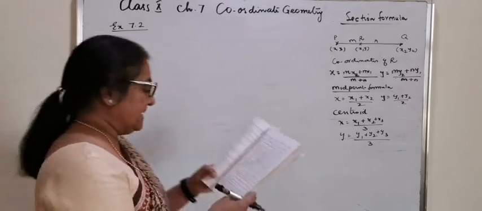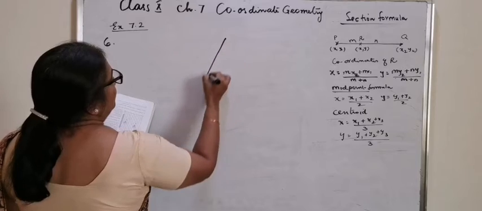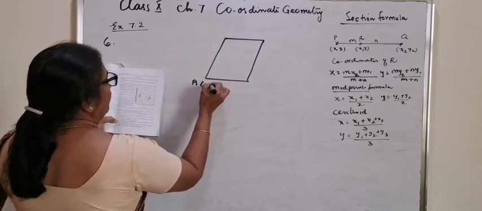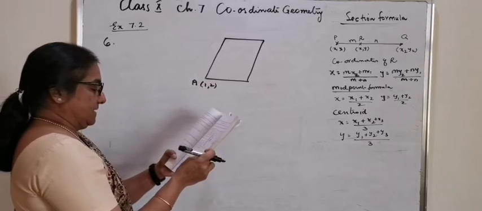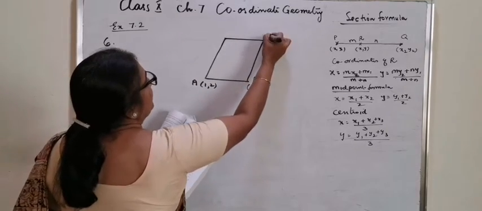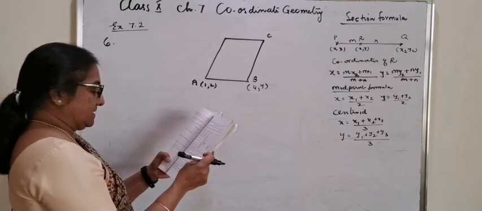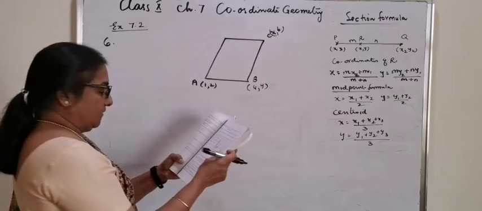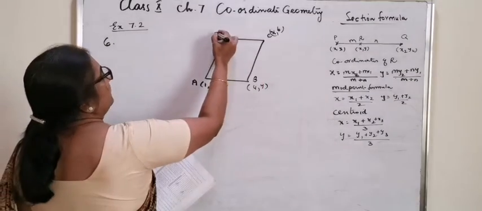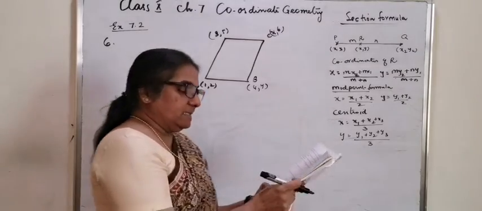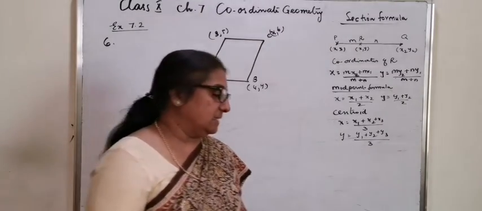So let's name the parallelogram as A (1, 2), the second vertex B as (4, y), the third vertex C as (x, 6), and the fourth vertex D as (3, 5). Now find the values of x and y.